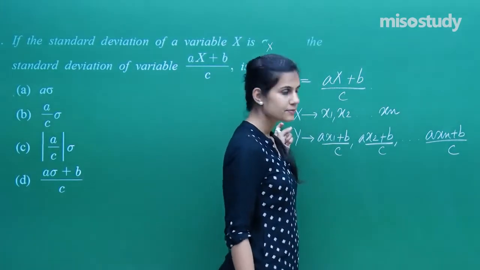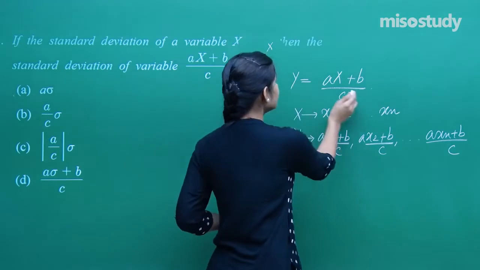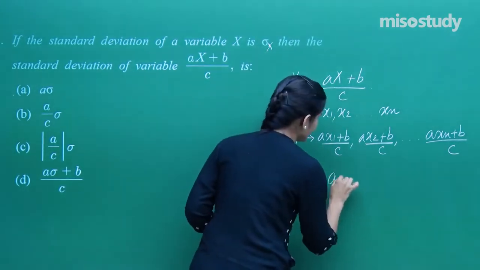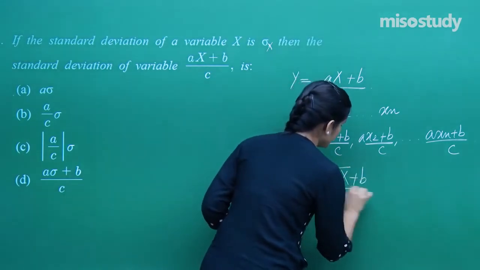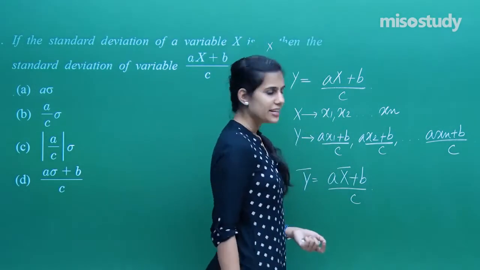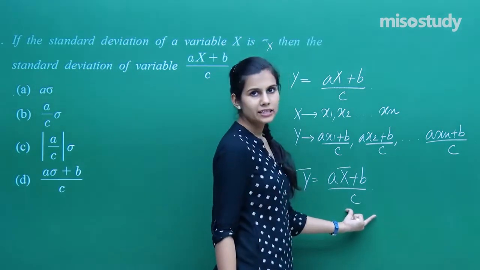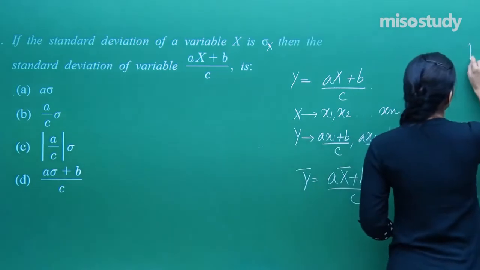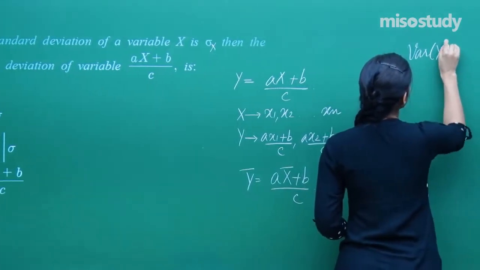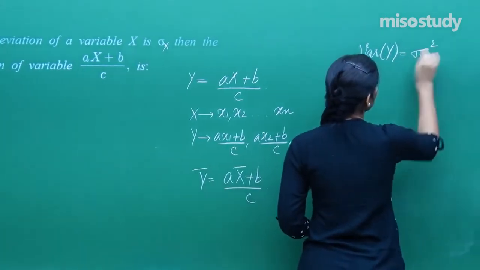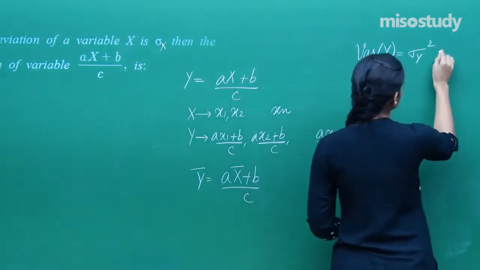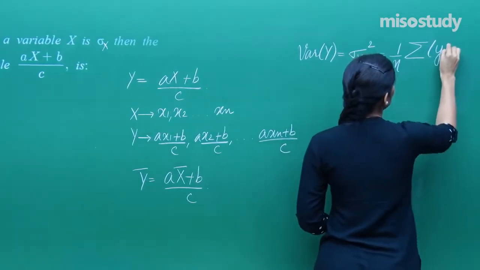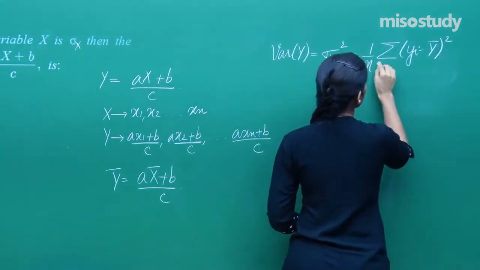That's the meaning. Now again, exactly in the same manner like we did in the last question, y bar is going to come out to be a x bar plus b by c. That is the relationship between average mean of both these random variables x and y. Then if I talk about variance of y, which is sigma y square, this is equal to 1 by n summation yi minus y bar whole square.